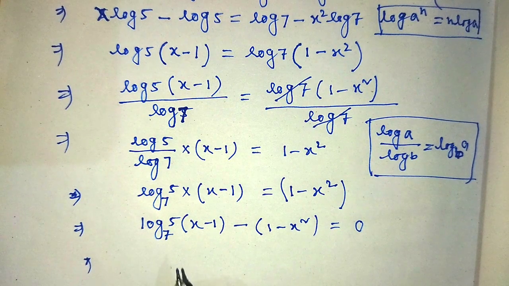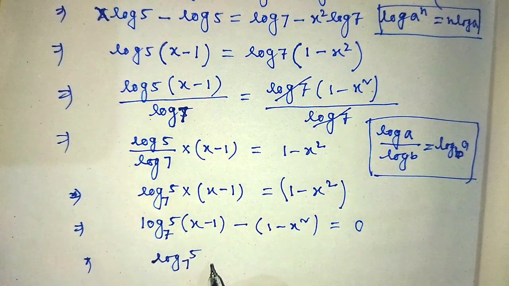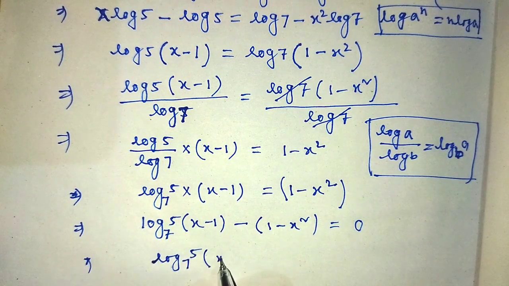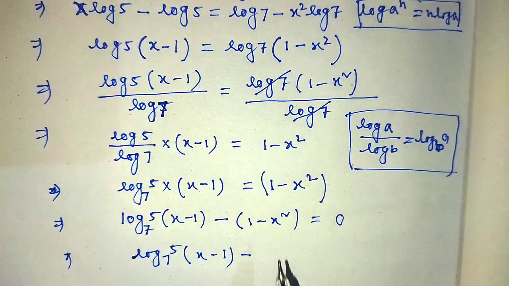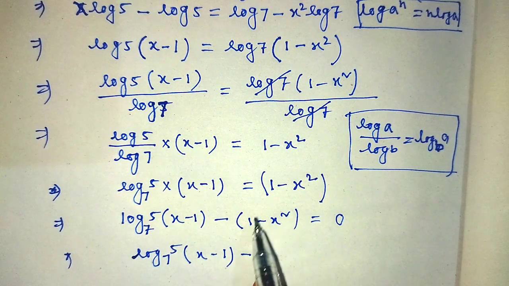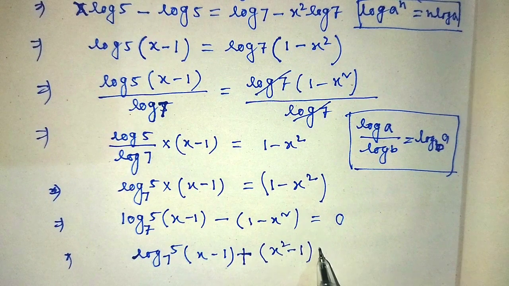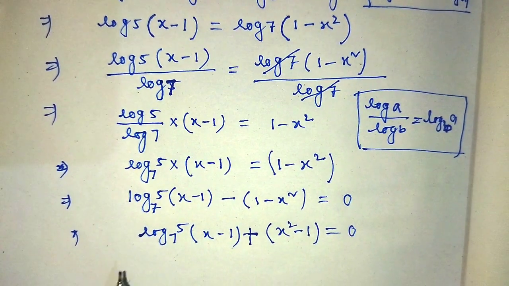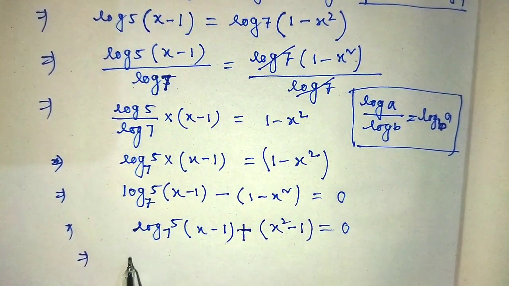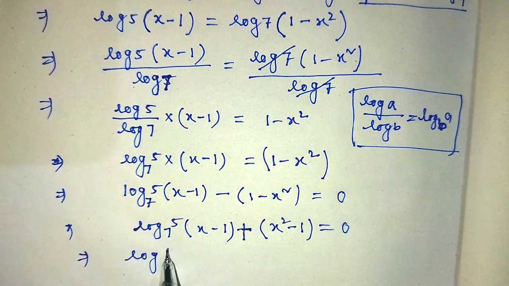So now we take common minus from these two terms, so this minus will be plus, and we write x square minus 1 is equal to 0.